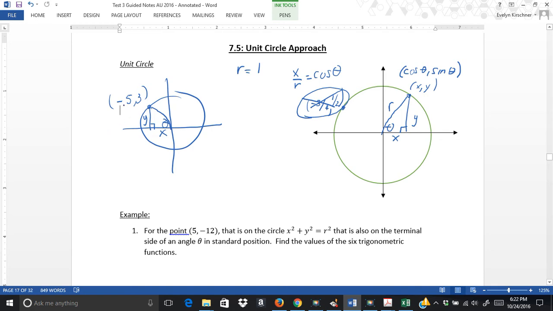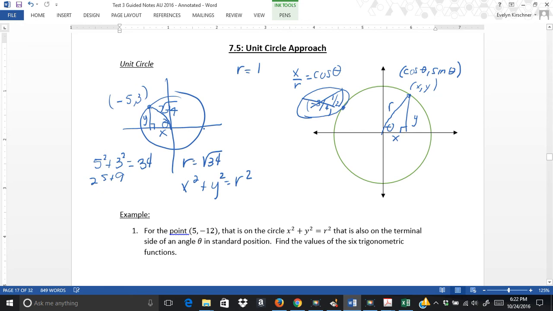And so I know that I can find r, 5 squared plus 3 squared, which is 25 and 9. So r is 34, so r is the square root of 34. And now I can find all my trig functions because I know my relationship, because the relationship's always the same. X squared plus y squared is r squared.